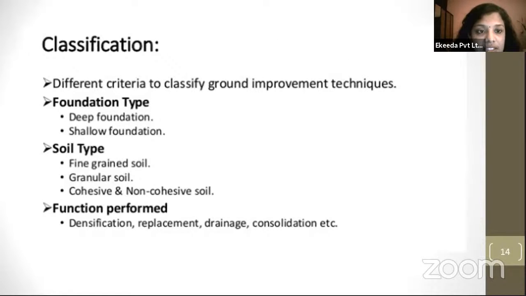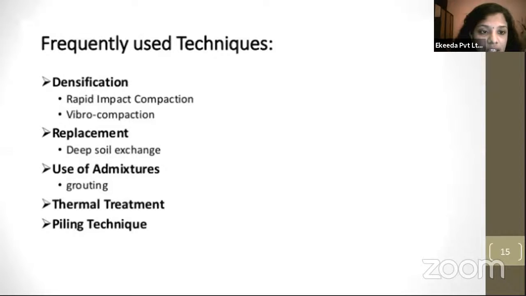Now next is classification based on foundation type, classification based on soil type, and function performed. Frequently used techniques are densification, replacement, use of admixtures, thermal treatment and filing technique.